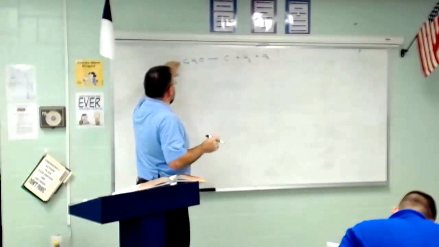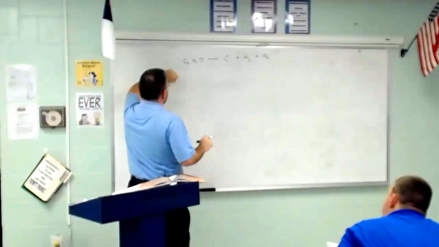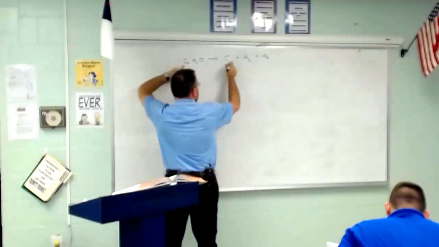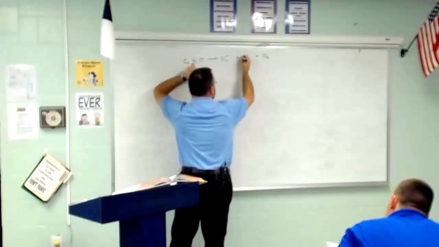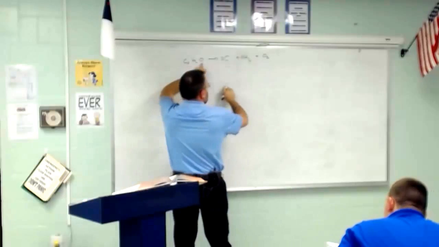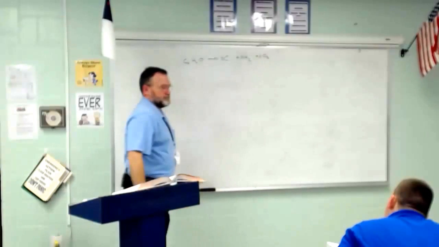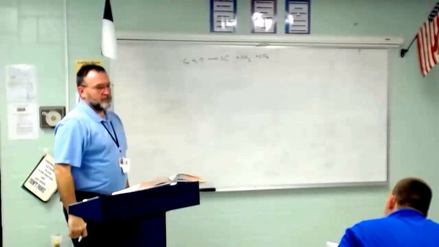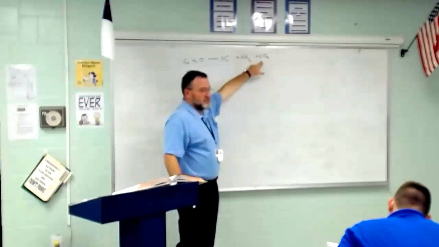In order for me to balance this, and I'm going to do it without the matrix, as I look across, if I got 2 carbons and I need 2 carbons, I would do this. And if I've got 6 hydrogens and I need 6 hydrogens, I would do this. And if I have 1 oxygen and I need 2 oxygens, I would do this. Okay? I've just balanced it, but I've used a fractional coefficient.